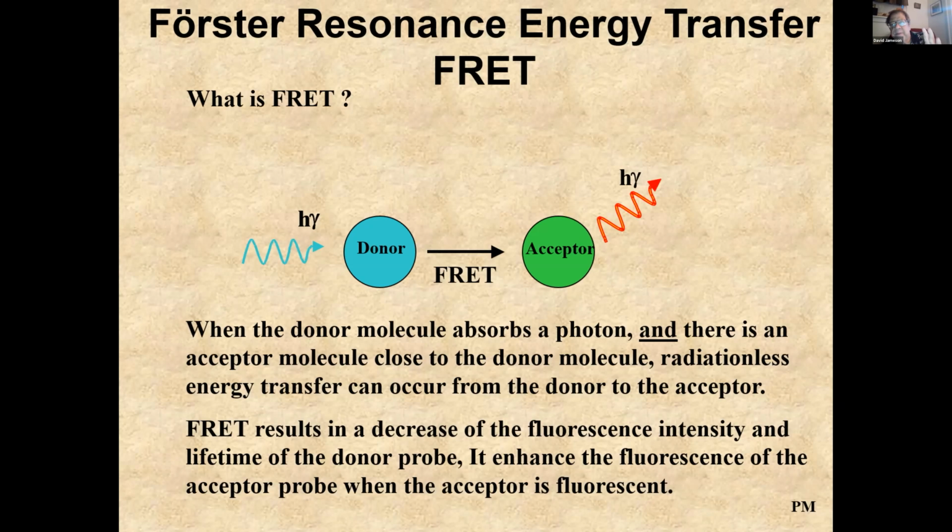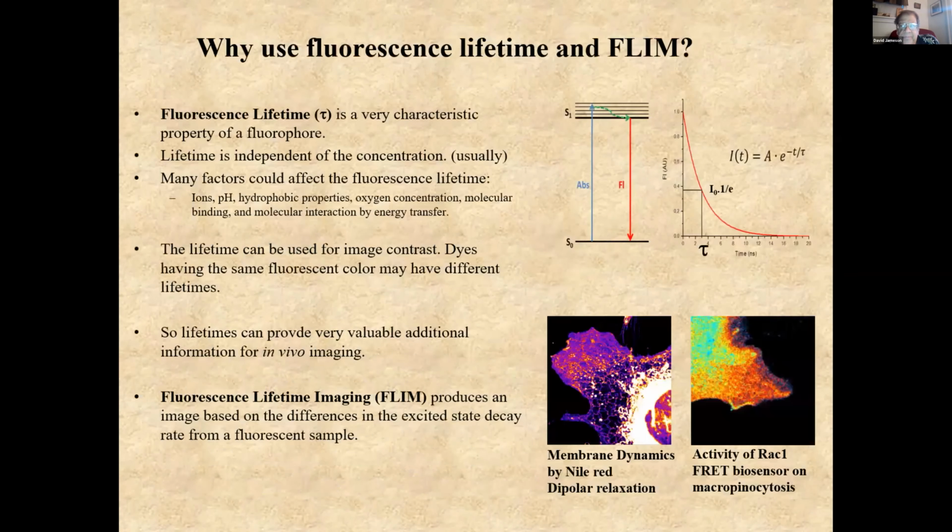So it's a great way to measure efficiency of energy transfer by looking at how the lifetime of the donor is affected. And of course, the acceptor would have more emission. So why do lifetimes? Again, what I'm hinting at, it's characteristic of a fluorophore. It's independent of the concentration. And you'll see more about that when you see people discussing FLIM data.